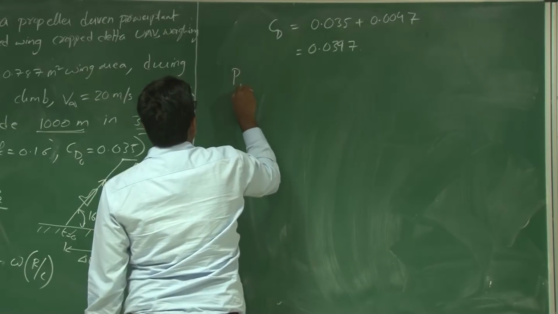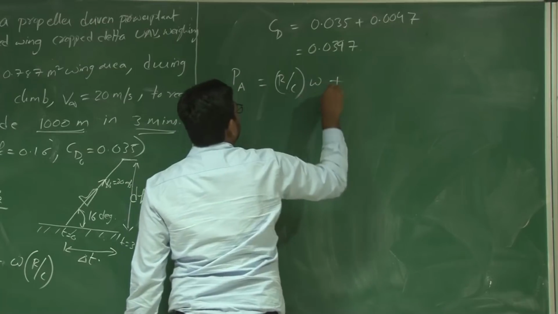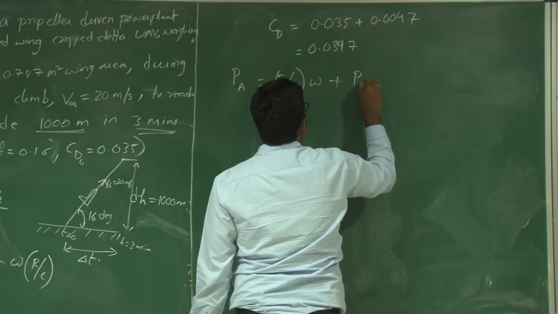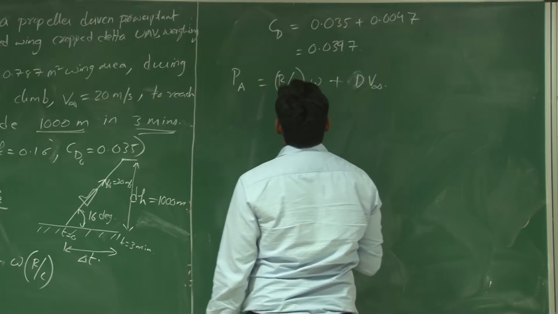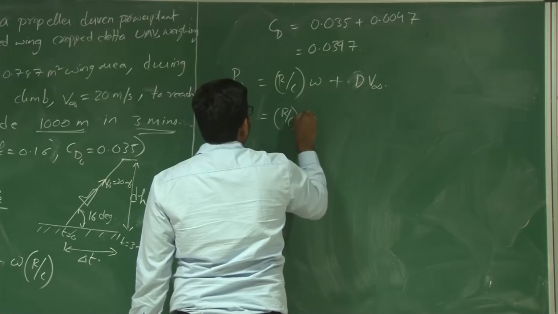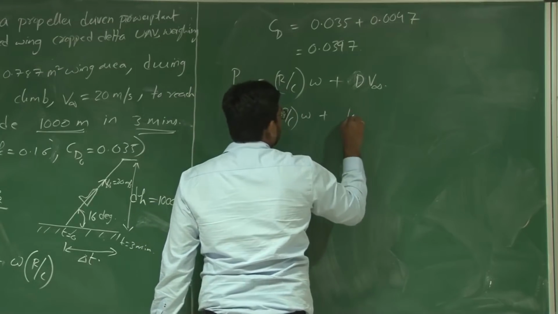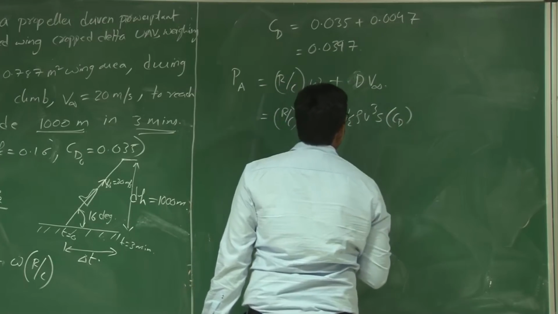So what we have, power available is equal to rate of climb into weight of this aircraft plus power required, which is drag into velocity, right? So this is rate of climb into W plus half rho V cube S into CD.